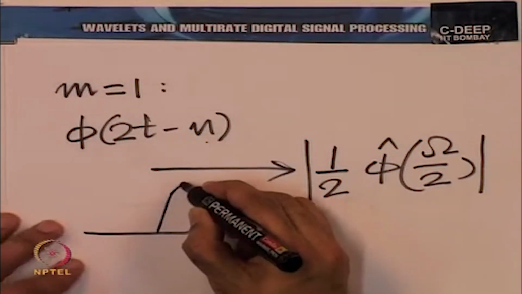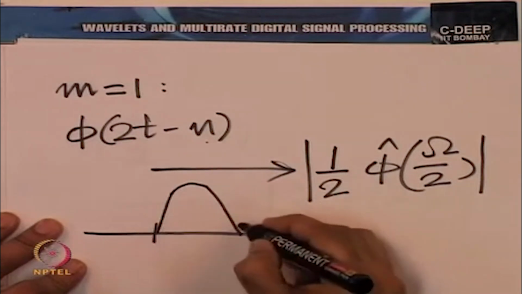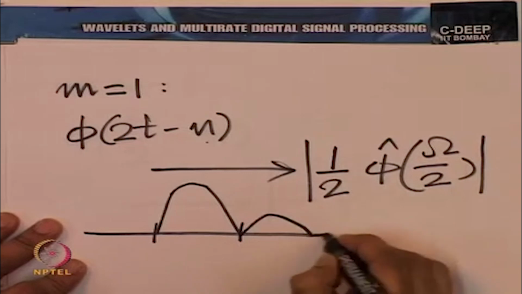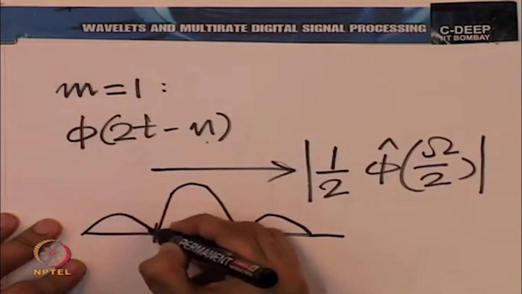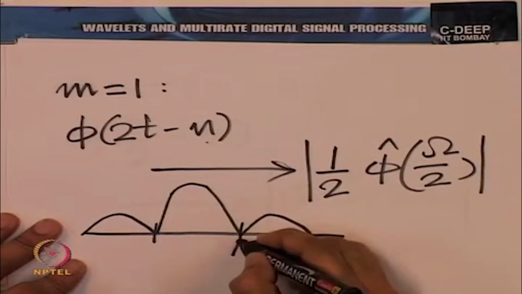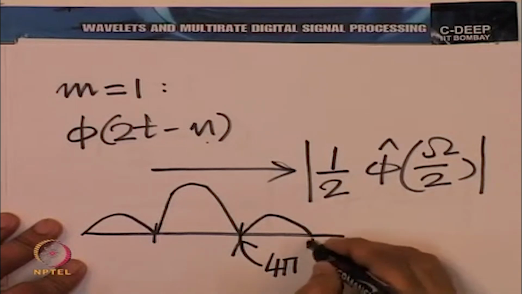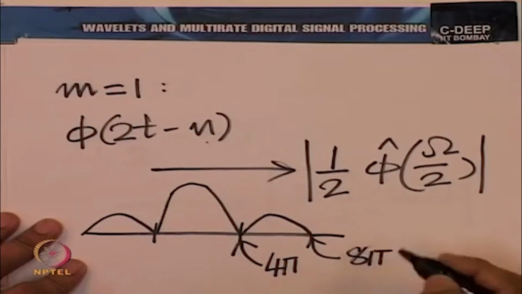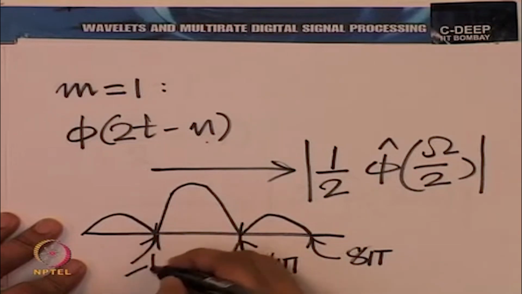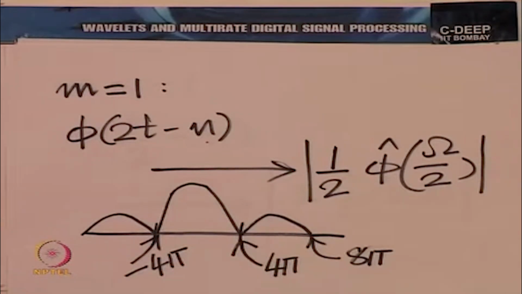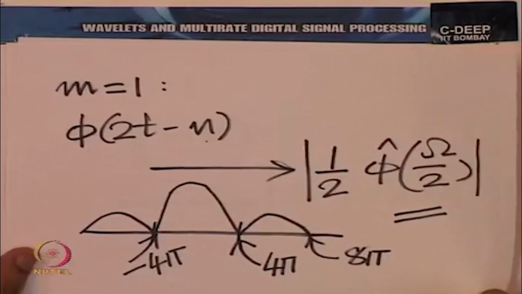So, omega by 2. If I focus my attention on the main lobe and the principal side lobes that I have here, this was originally 2 pi, now it has become 4 pi. This was originally 4 pi, now it has become 8 pi, and so too on this side. This is minus 4 pi and so on. So, you have stretched by a factor of 2. Let me put them together, the original Fourier transform and this Fourier transform with m equal to 1.